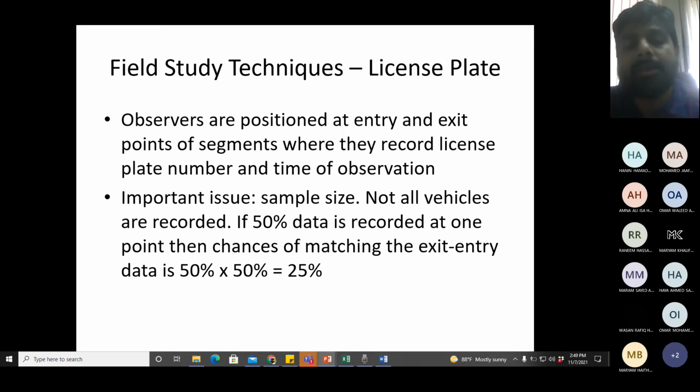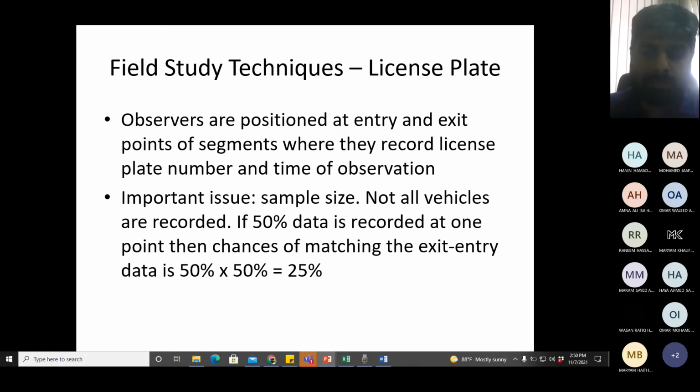Okay. Second problem is to fulfill the sample size. Now, for example, you recorded 50 vehicles and the other observer also recorded 50 vehicles. To have the travel time, these vehicles should be the same. The license plate numbers which I have recorded and the license plate numbers which the other observer has recorded should be the same. Okay, but when you are recording one number, the other cars are passing.